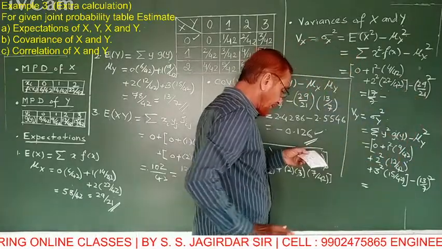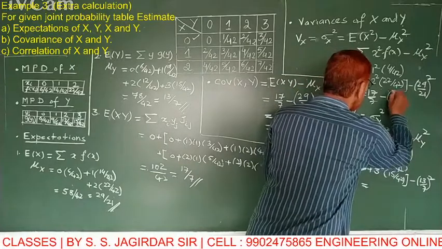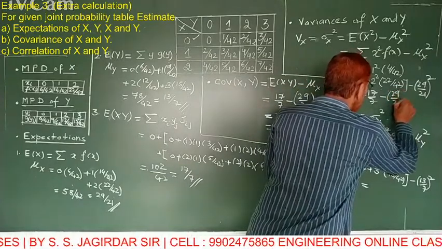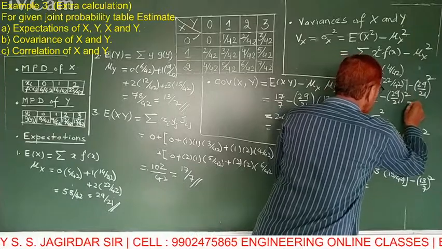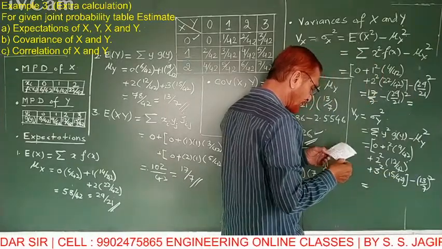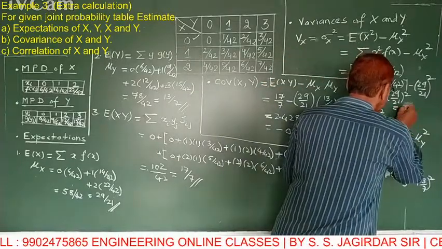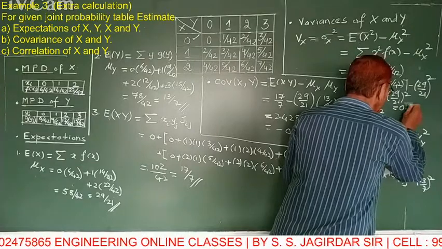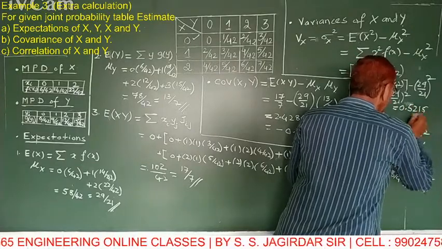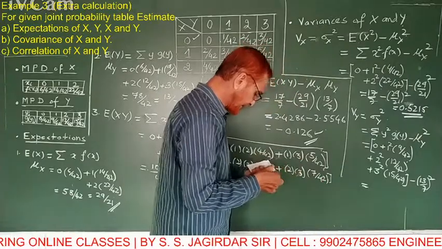If you work it out, it will be 0.5215. So this is the variance of x.